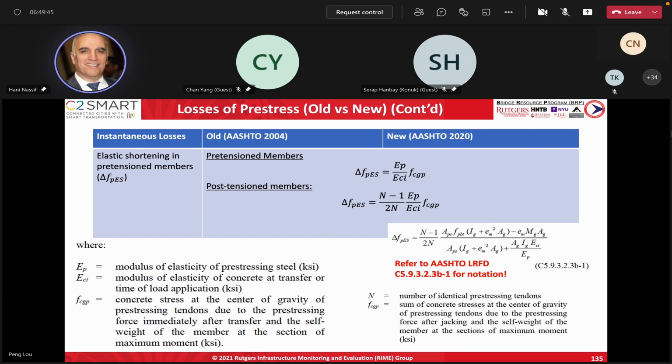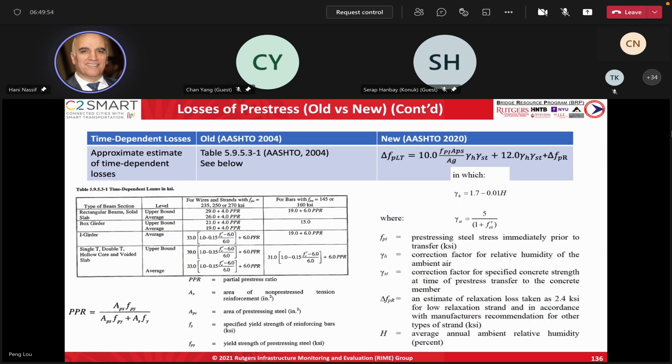But I think the losses, the way they're applied, either the shortcut approach or the refined approach, should give you very similar results. If you use the approach with the elastic gain, that means you are calculating the losses more accurately than before, and therefore the live load factor there should be 1.0. So that's the new change that took place after 2014.